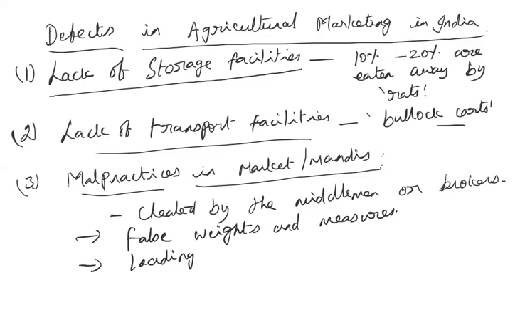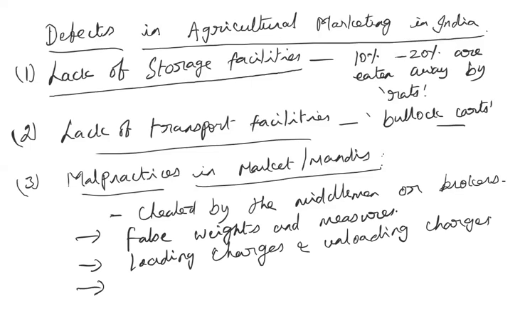In whatever mode of transport they brought their produce to the market, the loading charges and unloading charges, everything has to be borne only by the farmers. All those charges have to be borne by the ignorant farmers.